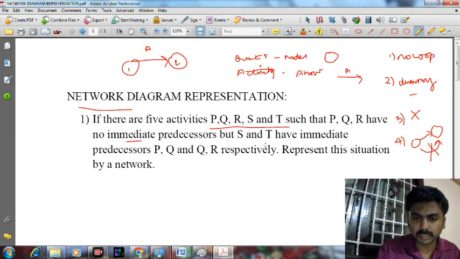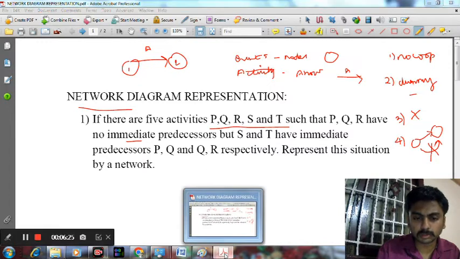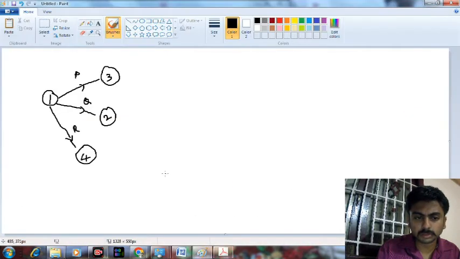The condition given here is that S and T have predecessors P and Q, and Q and R. S is having predecessors P and Q, and T is having predecessors Q and R. In order to represent both of these, we have to make only one event or node.